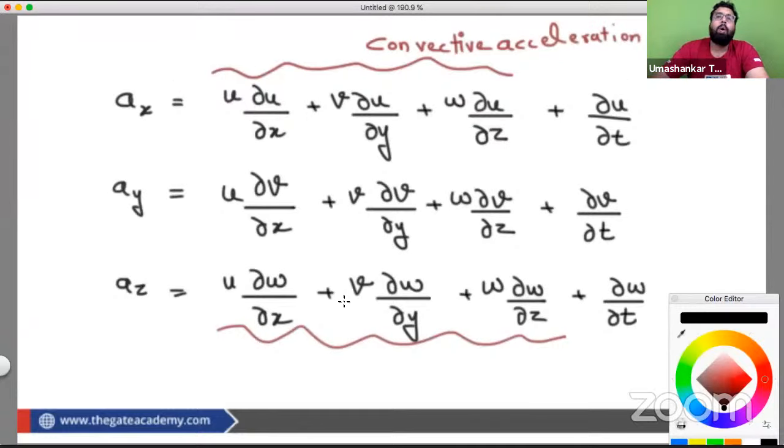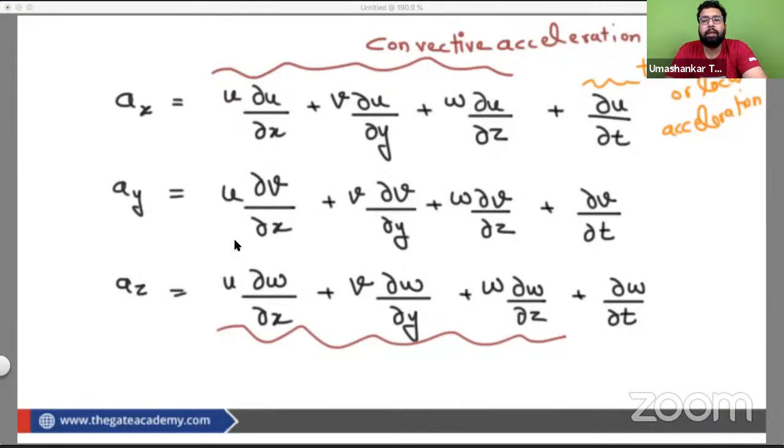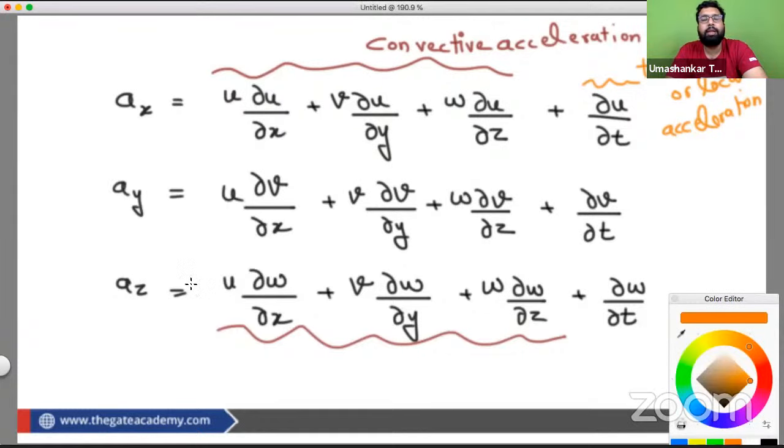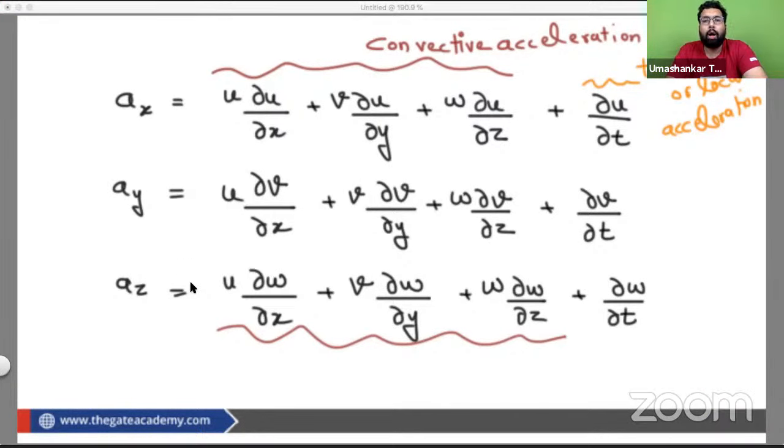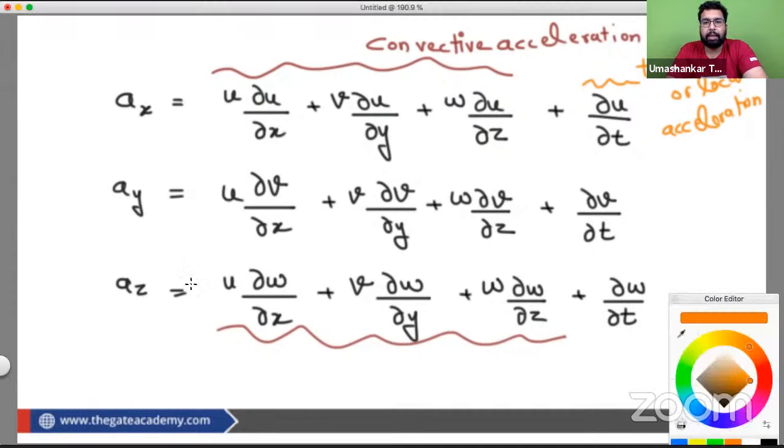Now, this first part of the acceleration is what we call convective acceleration, and the second part is what we call temporal or local acceleration. As you can see through this formula, this part of acceleration arises when the velocity changes with respect to time. So if velocity is not changing with respect to time, obviously there will be no temporal or local component of acceleration.